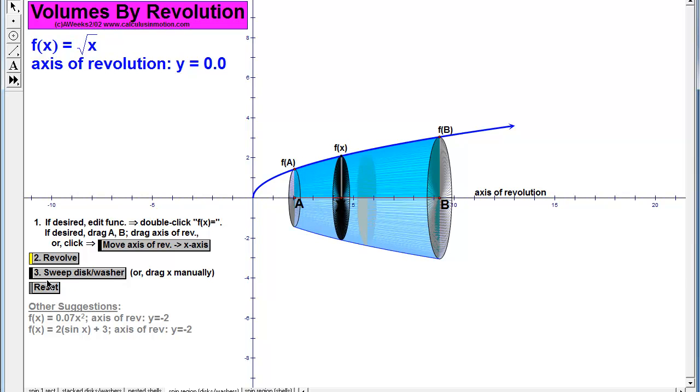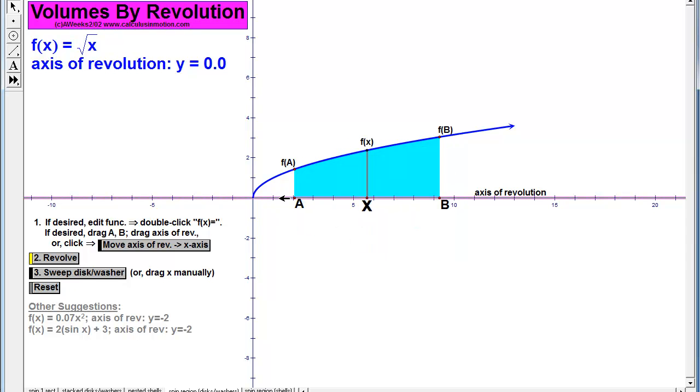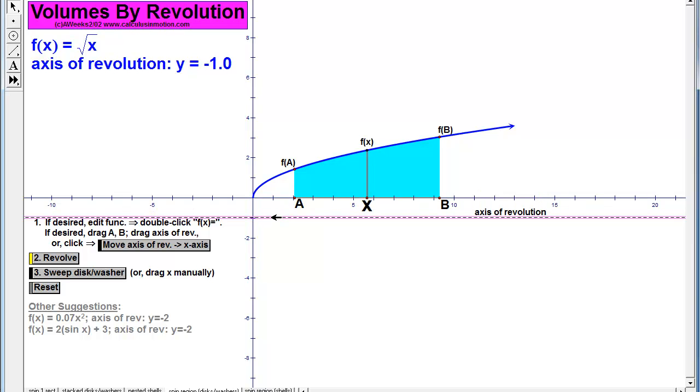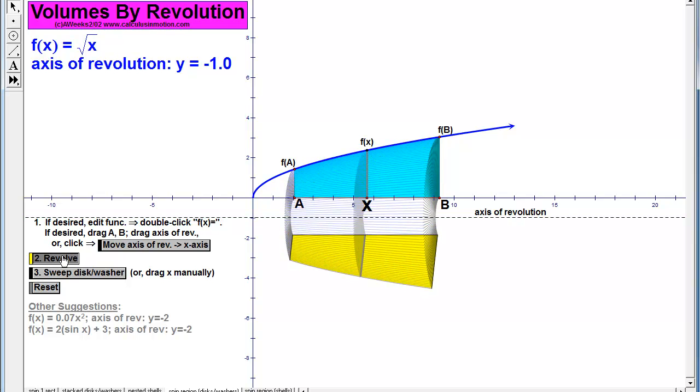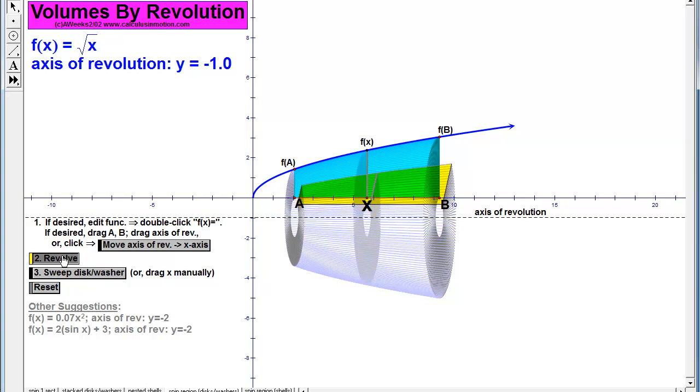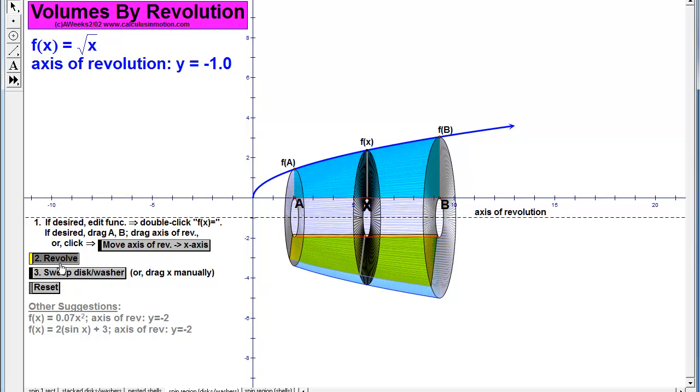Now, something that's important to know is that this axis of revolution can either touch the region itself, or it can be somewhere else. So here, for example, the axis of revolution is 1 unit away from the boundary of the region, and when I revolve, we can see that having that axis of revolution separate will create a hole, and in this case we will have a washer.